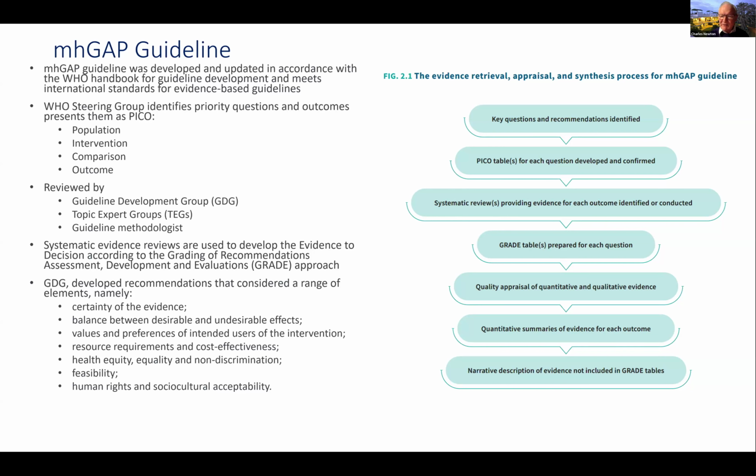In addition, there are the recommendations, and these are determined by both the audience, whether they're the people or individuals with lived experience, or the public, or the healthcare workers, which is where the main mhGAP is really targeted, or the public policymakers. And then it's divided up into a strong recommendation and a conditional recommendation.